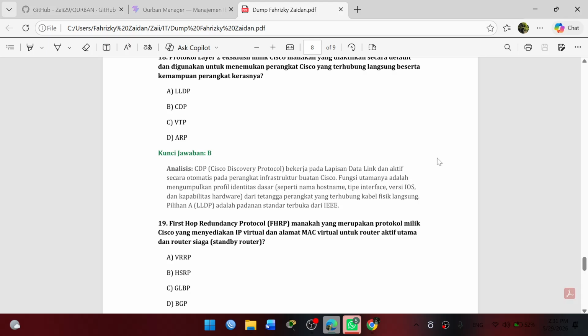It operates at the data link layer and is enabled by default on Cisco infrastructure. It gathers basic identity details like host names, interface types, and hardware capabilities from directly connected ports. Option A, LLDP, is the open standard equivalent.